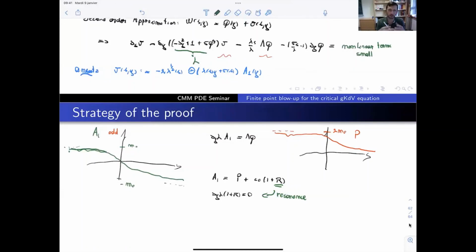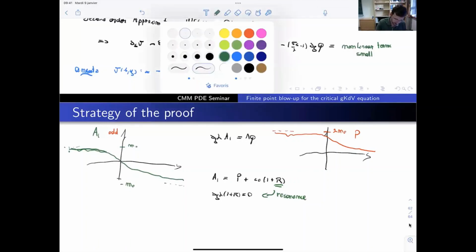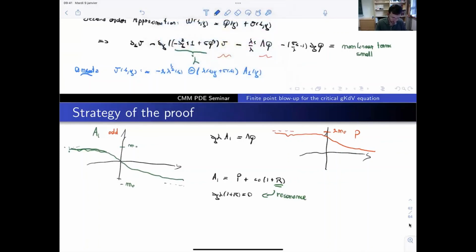So formally, by using this guy, we can see, at least formally, when we look at the energy, that we could have any kind of blow-up rate. But no, of course, we want a solution in the energy space. So we cannot work with A1 like that. We have to cut it, and to cut it, we use this theta. So somehow we have to cut our A1.